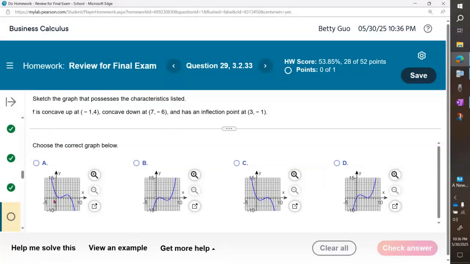Let's see. The function is concave up, then concave down, inflection point 3.91. This is so small.